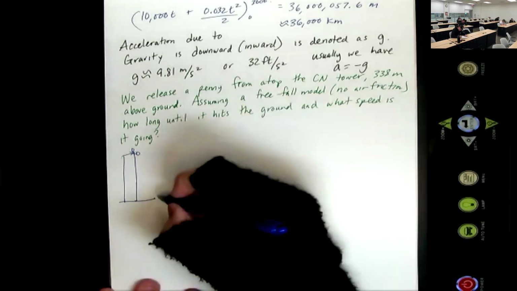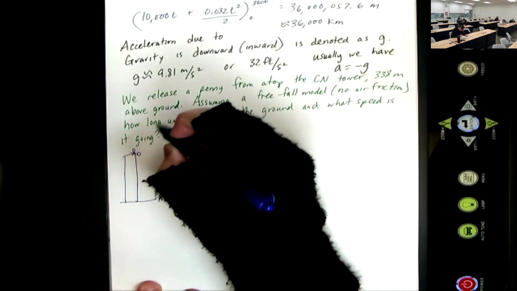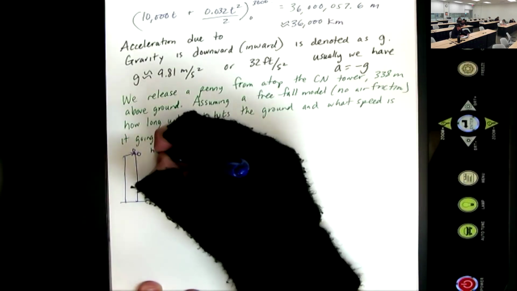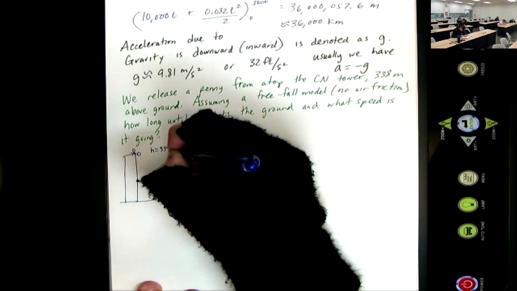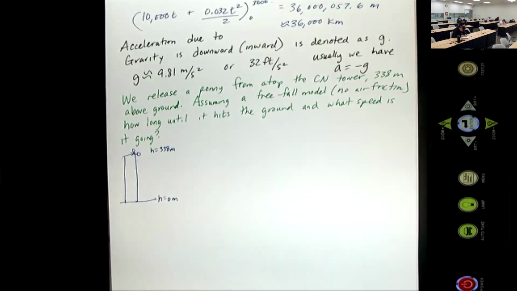So let's call ground height 0, so that the top of the tower is 338.